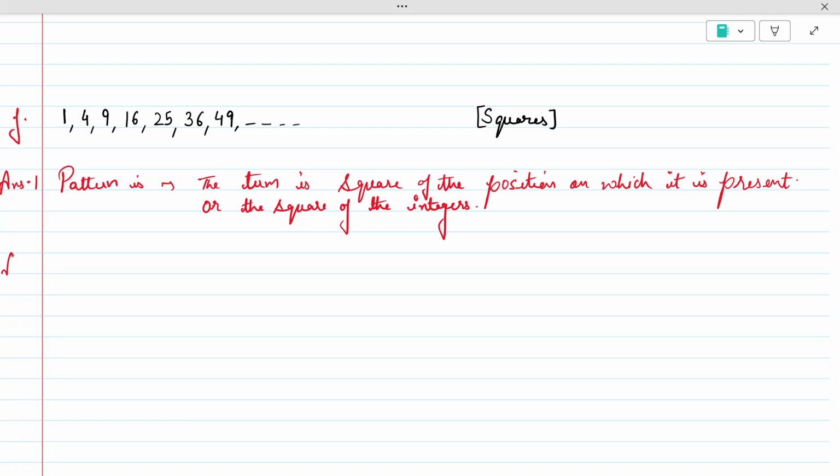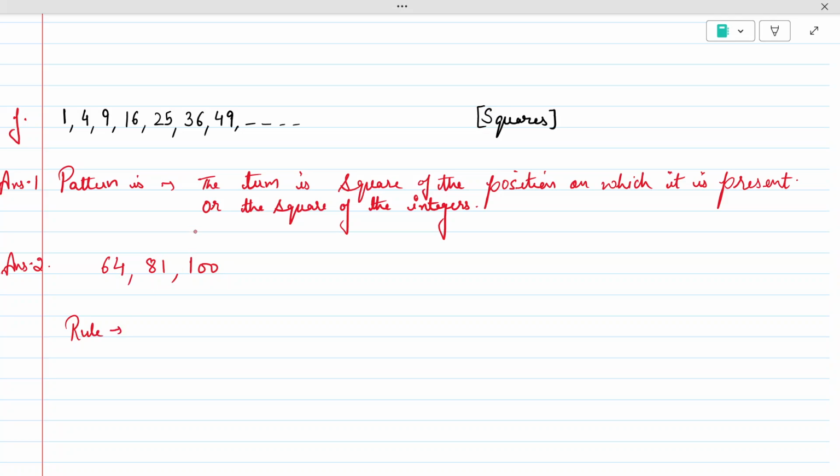Next is answer number 2, the next numbers. So this is still square of 7. Now we have to find the square of 8, 9 and 10. Square of 8 is 64. Square of 9 is 81. Square of 10 is 100. Okay. And now the rule.